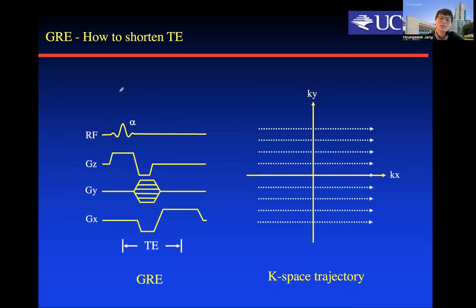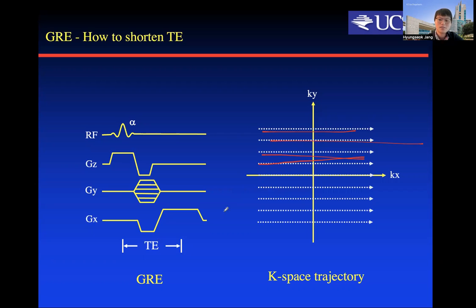So we start from the gradient echo. This is the conventional Cartesian imaging based on gradient echo. In each TR, we apply the phase encoding gradient to get to your desired KY coordinate in the K space, then the rewinder, and then the readout. In each TR, you read out your K space in the Cartesian scheme.